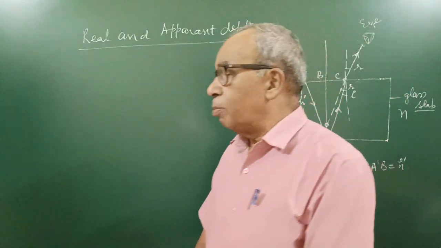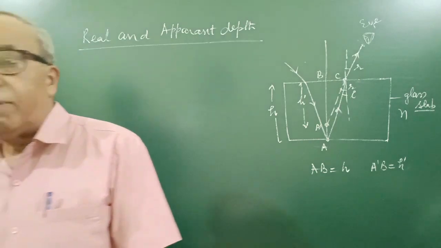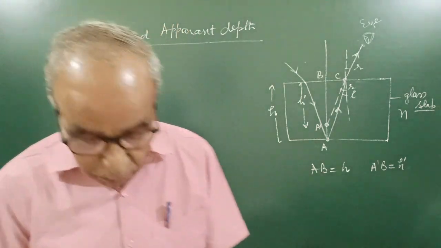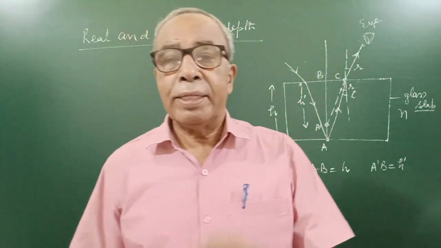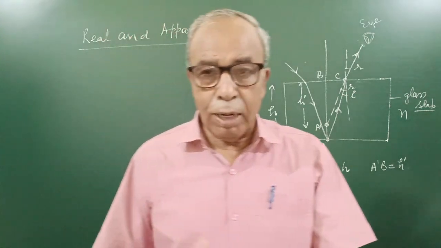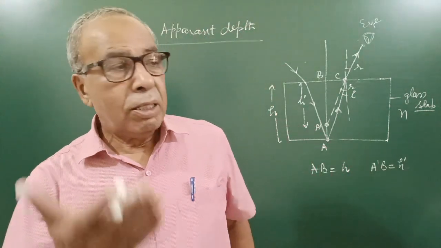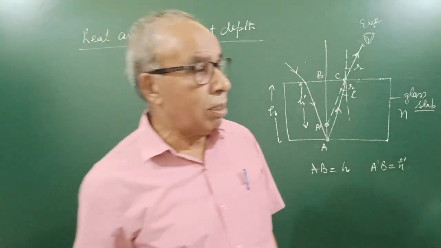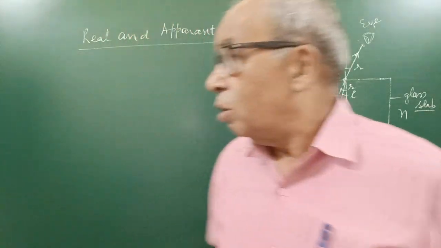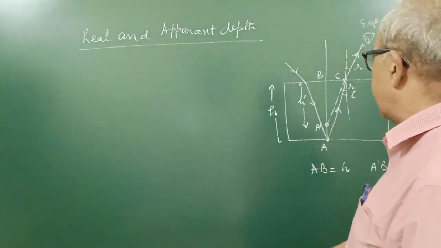Like if you see the bottom of a bucket filled with water, normally that appears at the same place, but if you make your eye a little away from normal, that bottom appears raised. So that is called apparent depth.